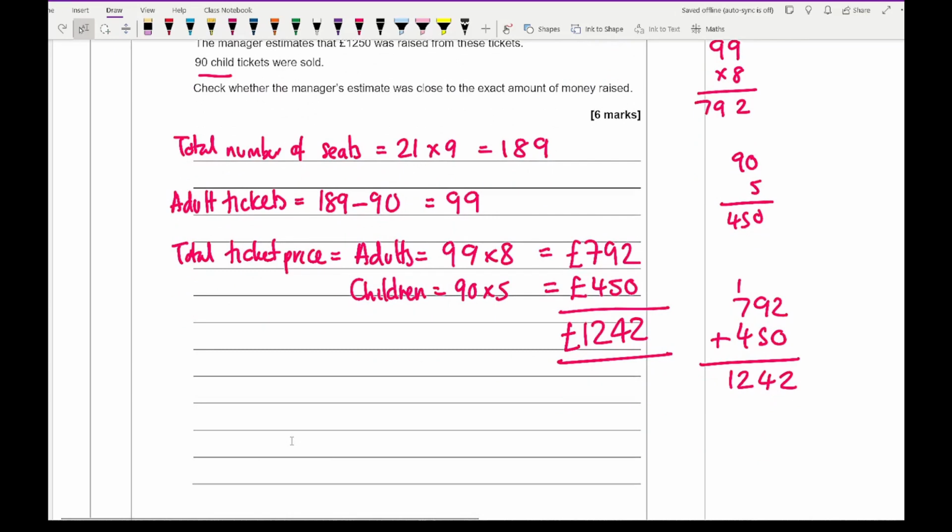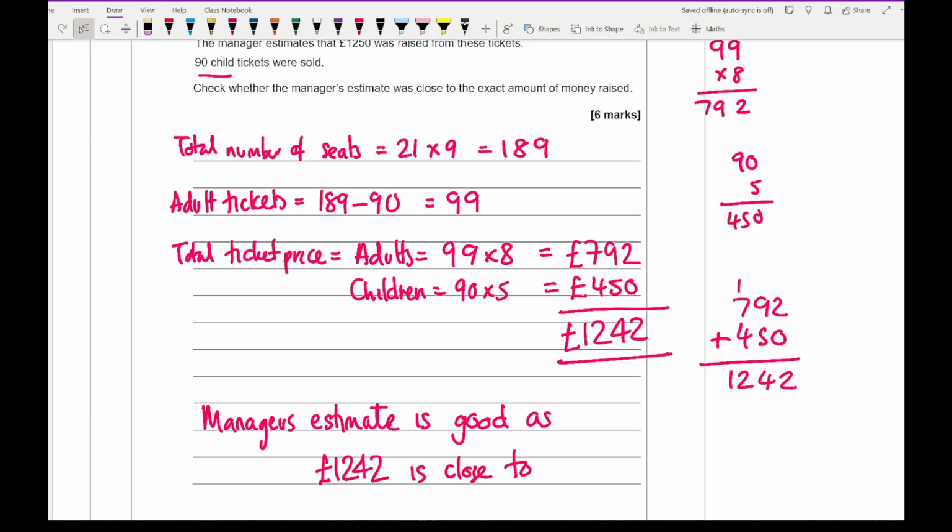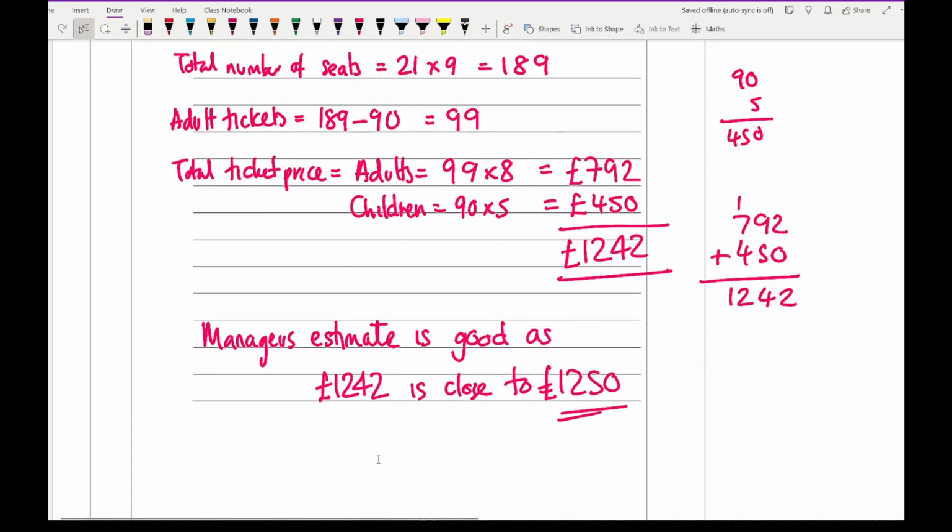So the manager's estimate is good, as 1,242 is close to 1250. It's actually a decent approximation.